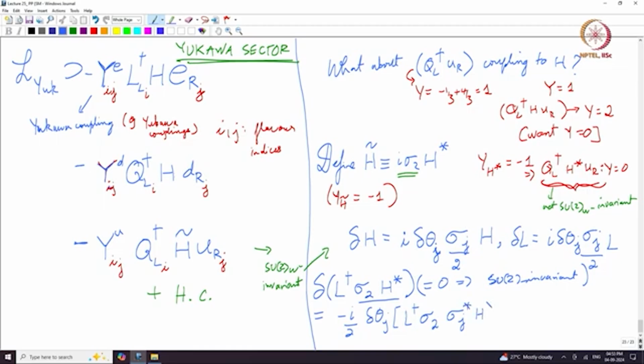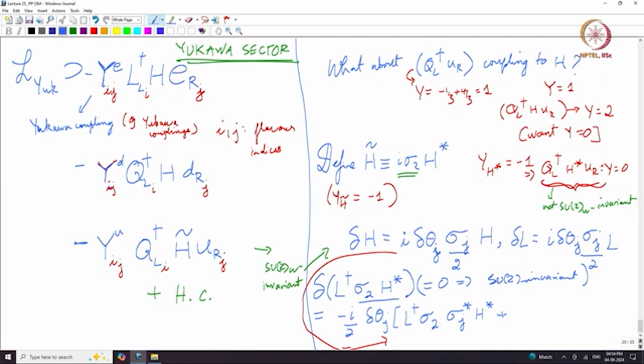H star, right? So I just imported this over here, okay? And notice that that's the reason why I have pulled out a minus sign also, right? If I hit it on an H star, then if I take a star, then the transformation goes with the minus i, right? The complex conjugate. Okay, that's the first term.